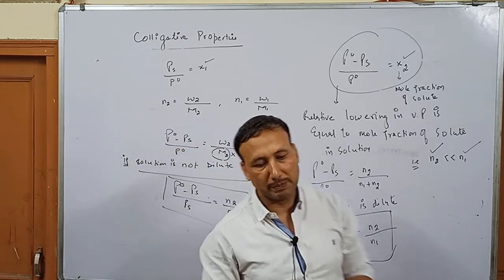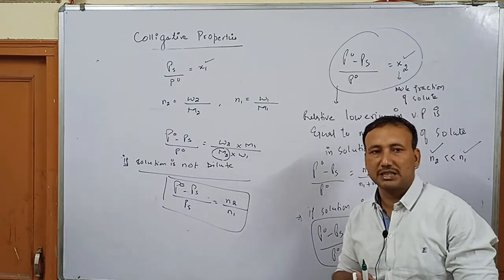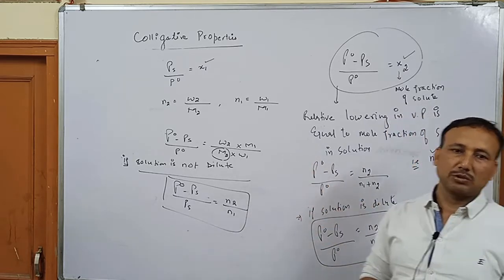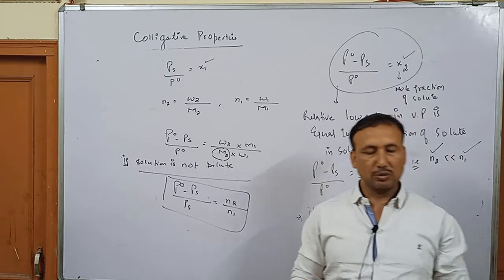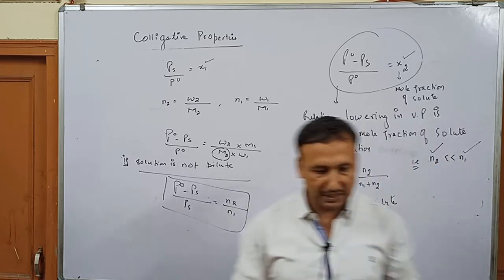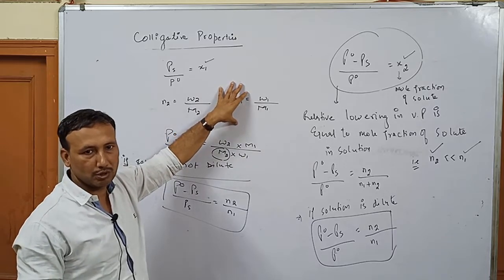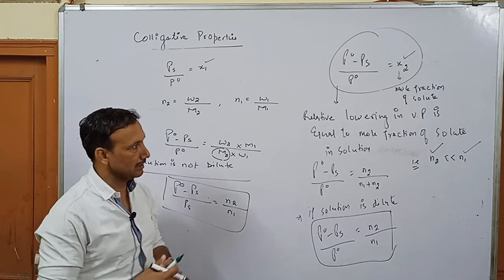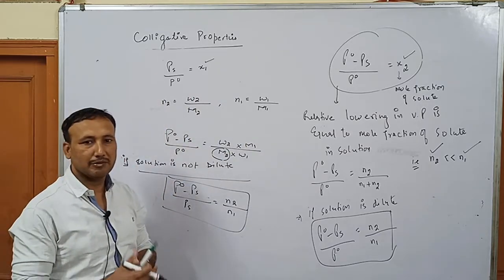And all the colligative properties, that is the relative lowering in vapor pressure, elevation of boiling point, depression in freezing point and osmotic pressure, are being studied for those liquid solutions which are ideal solutions. That is, the solution is dilute and the solid solute is non-volatile in nature and non-electrolyte. That is, all the colligative properties in which solute is non-volatile, solute is non-electrolyte and solution is ideal. So this is our first colligative property, relative lowering in vapor pressure.